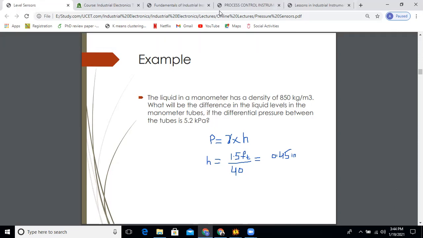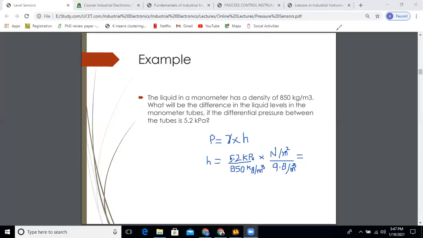Okay. Now from this annotation, we will erase this part. We know that P over gamma will be equal to 5.2 kilopascals.